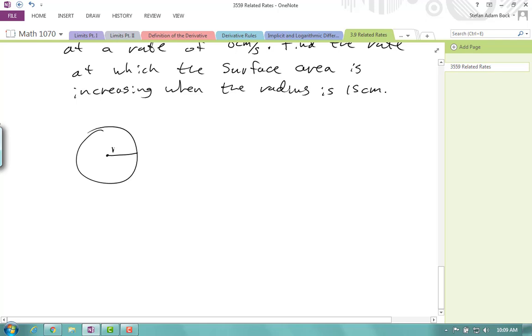I want an r equal to 15 in the end, and the rate of change of the volume is going to be 8 cubic centimeters per second. And the volume of a sphere is 4/3 π r cubed.